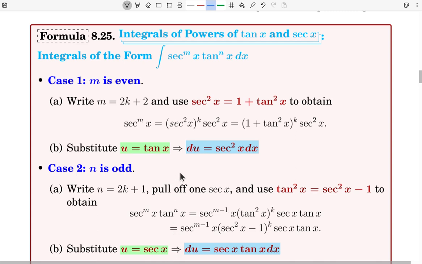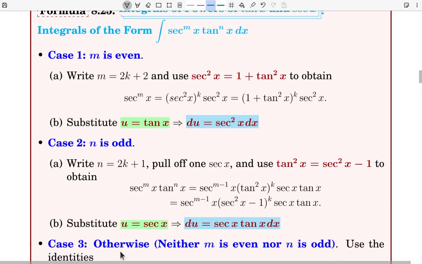Once you use this substitution, you have to put aside sec squared, because the derivative of tangent x is sec squared. So you have to consider some portion for du. du must be well defined, easily defined. Since the derivative of tangent is sec squared, we put aside the sec squared, and then we can use such a substitution.